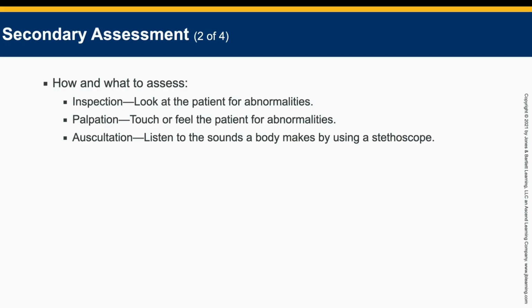This involves touching or feeling the patient to check for abnormalities such as tenderness, deformities, swelling, or unusual warmth or coolness. The third technique is auscultation, which means listening to the sounds inside the body using a stethoscope. This may include listening to lung sounds, heart sounds, bowel sounds, depending on the situation. These three techniques help gather important physical findings and guide assessment and treatment.